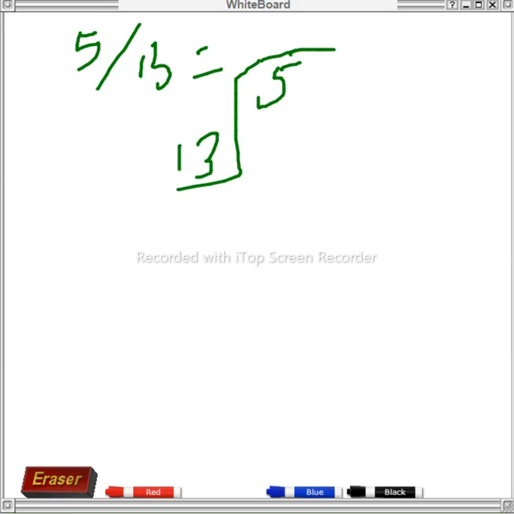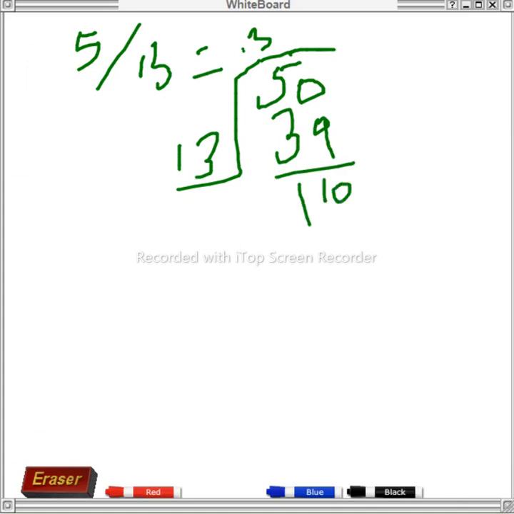We first divide 5 by 13. 5 is not divisible by 13, so we put a point and give a 0. 50 divided by 13: 4 times 13 is 52, so 4 is not possible. We use 3 times 13, which is 39. When we subtract 39 from 50, we get 11.